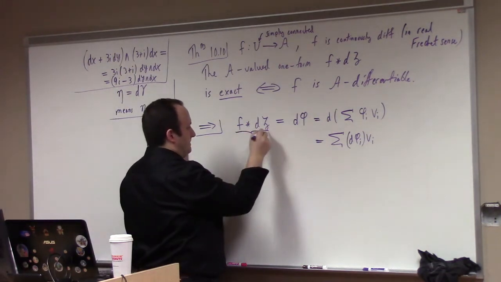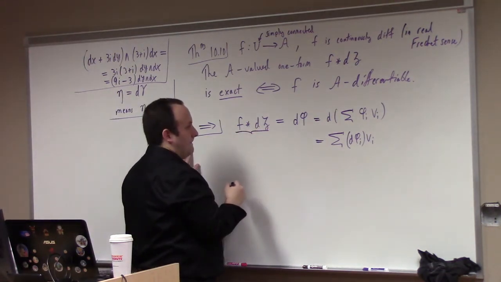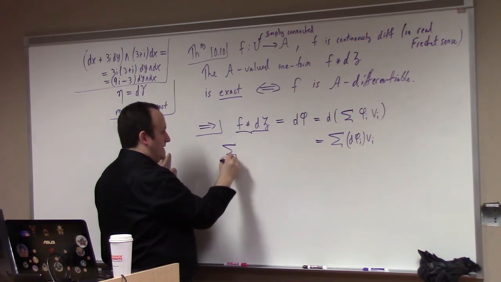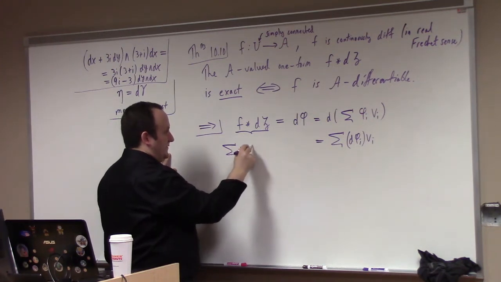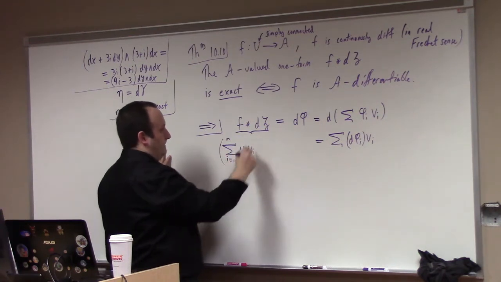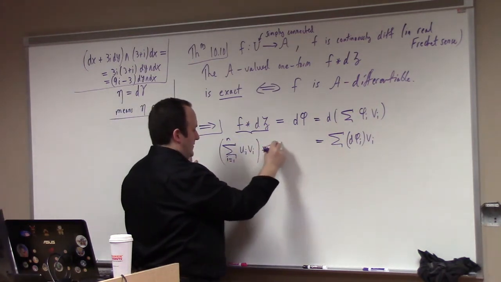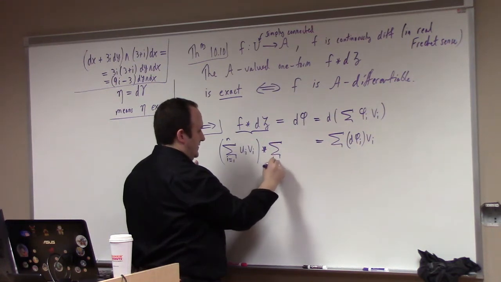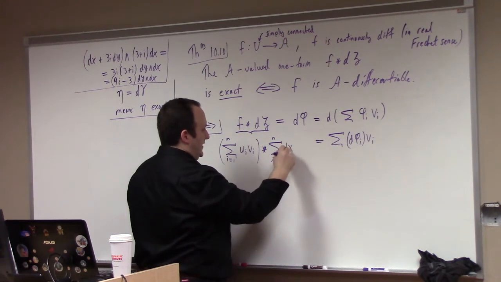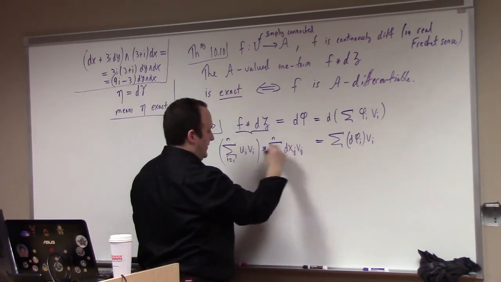What's this? I'm assuming that would be something like the sum over i of u_i v_i, right? For the components of f, times the sum over j, I guess, 1 to n of what? This is dx_j v_j, right?